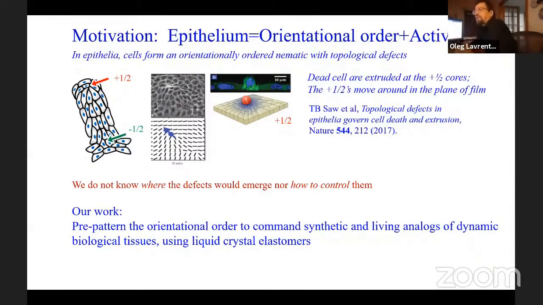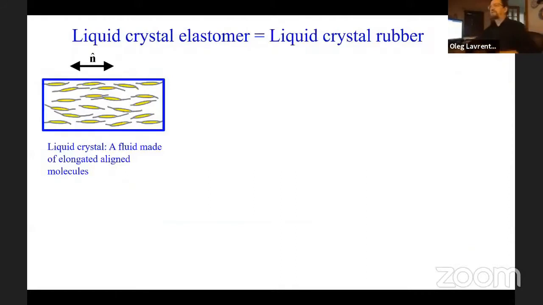And in what follows, I will show you how we can create the orientational order in synthetic coatings and in living tissues, and produce a pre-designed pattern of the order and topological defects. To accomplish the goal, we are going to use the so-called liquid crystal elastomers. So you probably know what a liquid crystal is. A liquid crystal is a fluid which is made of elongated molecules.